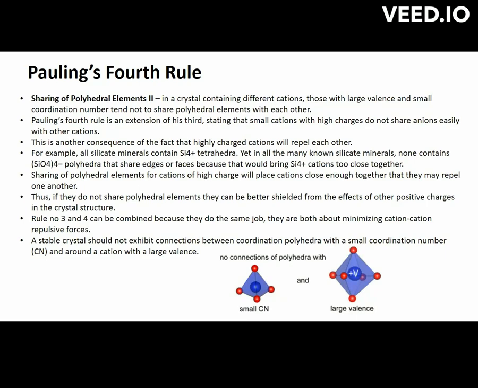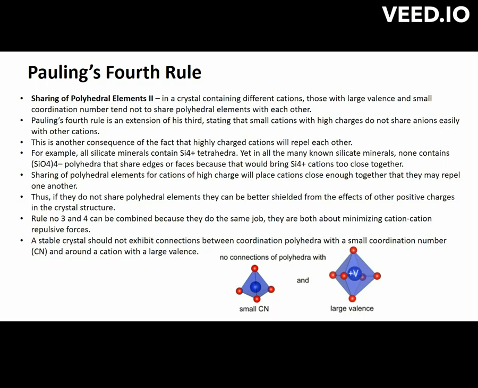They tend not to share the polyhedral elements with each other, so there is no connection of polyhedra when the crystal has large valence and smaller coordination number.